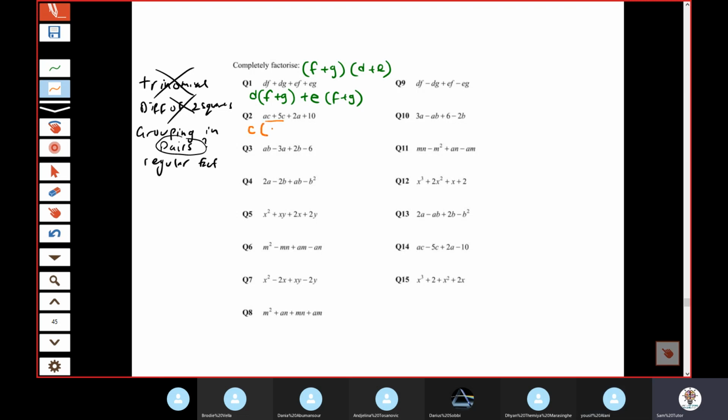C bracket A plus 5. And then plus from these 2, A 2. Yep. You need to get them the same. If you didn't get them the same, you've done something wrong. Then your answer is A plus 5, C plus 2. Make sense? Yeah.